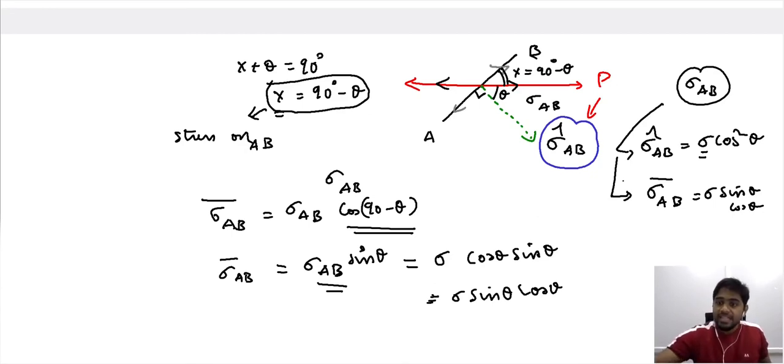Now these have unique names associated with them. The stress along the normal to the region of interest, we call the normal stress.